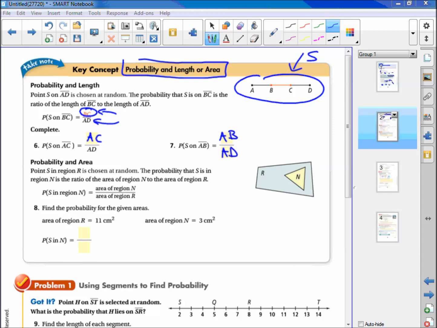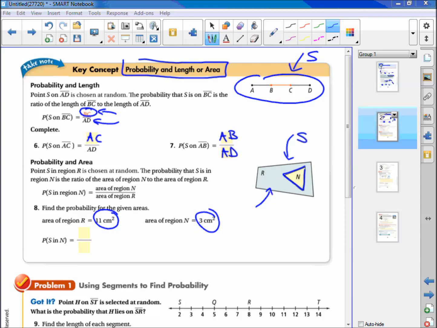All right, so probability and area here. Point S is chosen at random in region R. Region R is the whole gray thing, and I'm going to throw S on it somewhere. Close my eyes and hit it. The probability that S is in region N is the ratio of the area of N divided by the area of R. So find the probability given the areas, if the region R is 11 and N is 3.